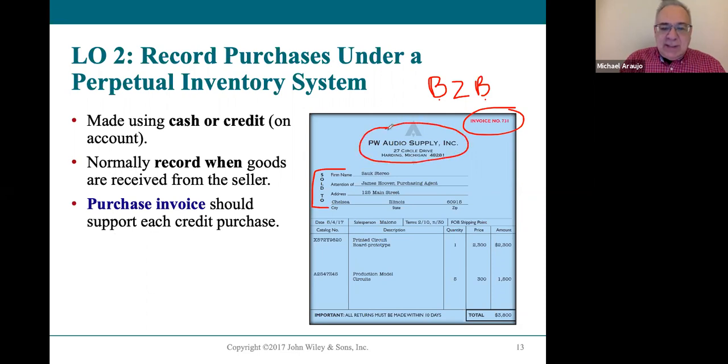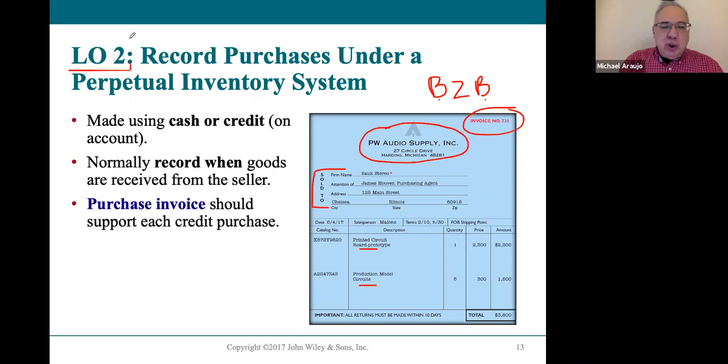So in this case, PW Audio Supply is the business that sold the circuit board and circuits to this other business called SOC Stereo. SOC Stereo. That's a business-to-business transaction.